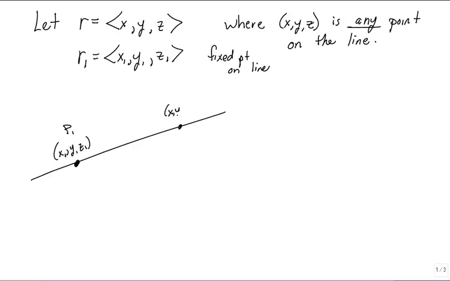Here's x, y, z, and here's the origin, and here's the vector r. R goes to the point x, y, z, and here's r1.